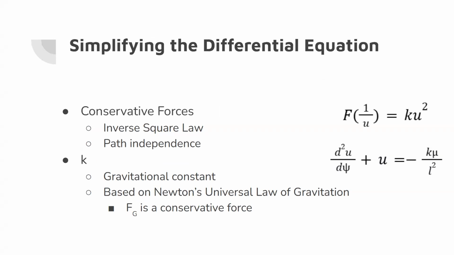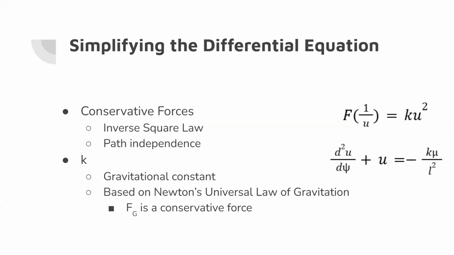So gravitational force is what's known as an inverse square law force, which basically means it gets exponentially weaker the farther away you get from the point of the force being exerted. And a force like this is what's known as a conservative force, which means it's path independent, and regardless of how you get from one point in the orbit to another, it'll always be the same force.